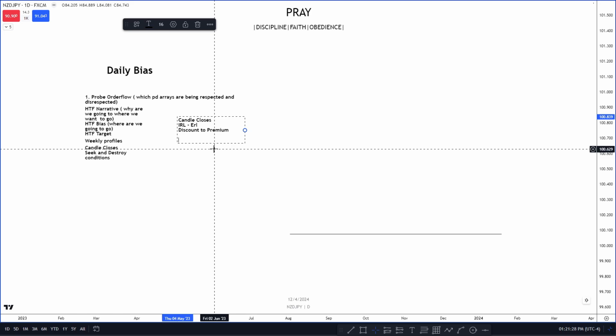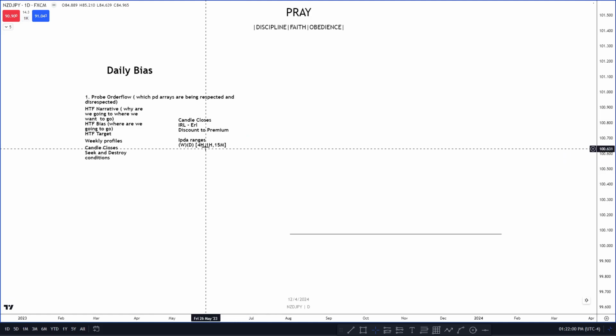Now, for those who are a little advanced or you've watched the core content of ICT, you also have your IFTA ranges. And then for time frames that you want to look at for your daily bias, mostly the daily, right? I don't look at the weekly that much. I don't look at the daily that much, even though it is daily bias. I usually look at the 4 hour and the 1 hour, and then also the 15-minute, right?